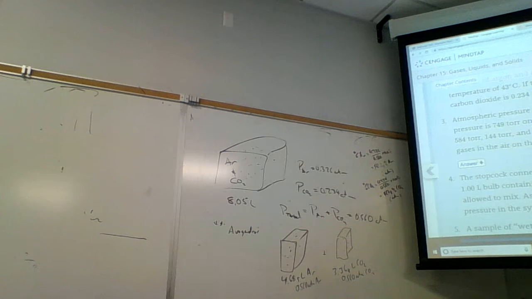So this is going to be 584 torr for the nitrogen plus 144 torr for the oxygen plus 19 torr for the argon plus X torr for the other gases. And then we just solve for X. So we'll just take the total, 749 minus the nitrogen, 584, minus the oxygen, 144, minus the argon, 19, and that leaves us with 2 torr left over. X is 2 torr.